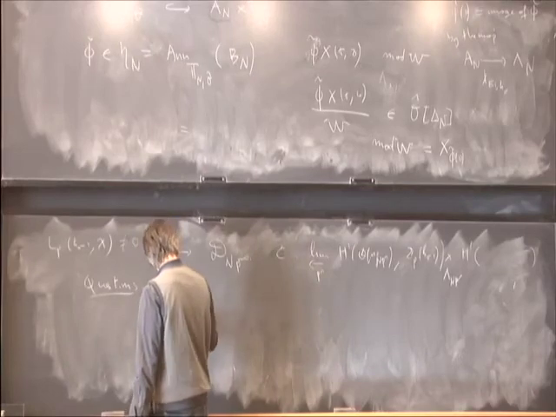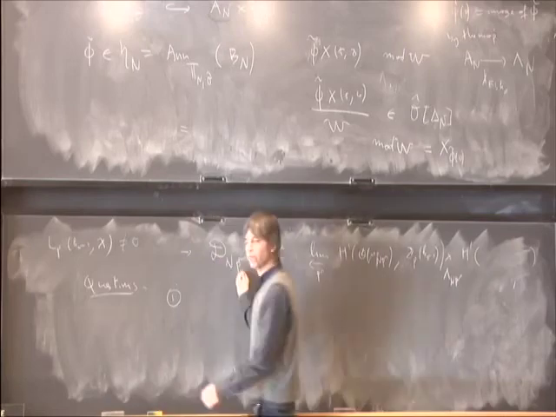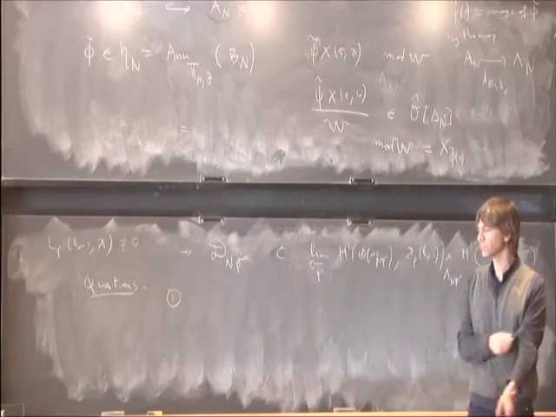So the first question is, how does it behave with respect to co-restriction?